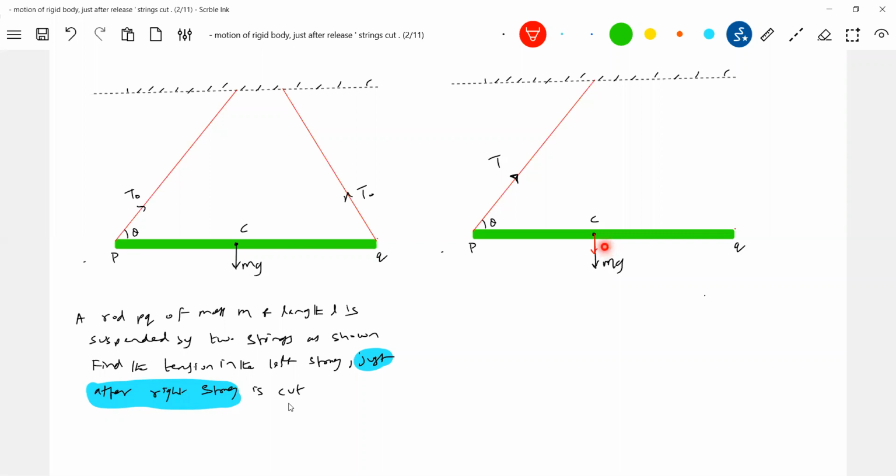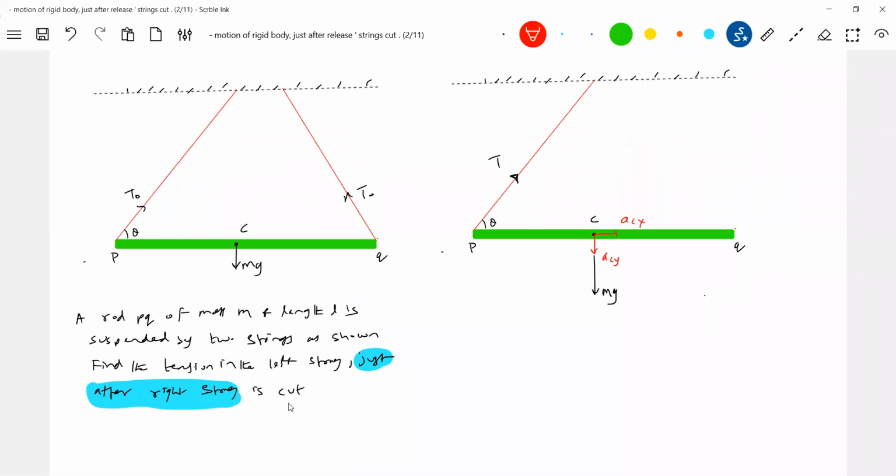Okay, now try to see what all forces are acting on the rod. Along y-axis, mg minus T sine theta. So there'll be acceleration of center of mass along y-axis. T cos theta is also acting. So there'll be acceleration of center of mass along x-axis.